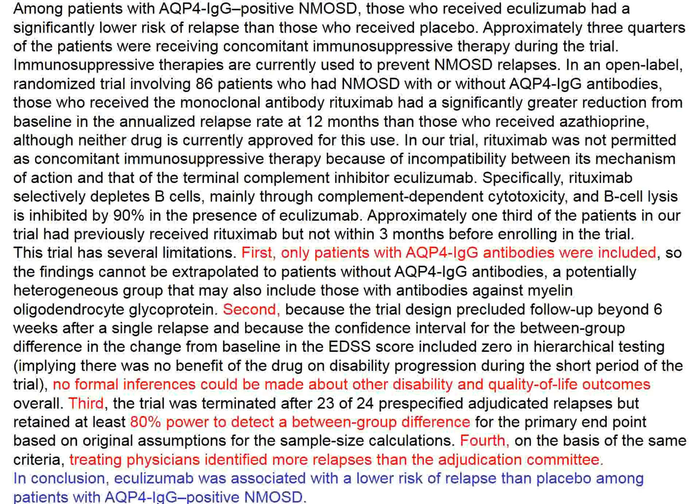Secondly, we don't know about long-term effects in terms of disability and quality of life because the endpoint was relatively acute in terms of relapse, yes or no. And the trial was also terminated somewhat earlier than the investigators might have liked. But on the whole, this is a fairly impressive result in patients that otherwise have a devastating course and poor prognosis.